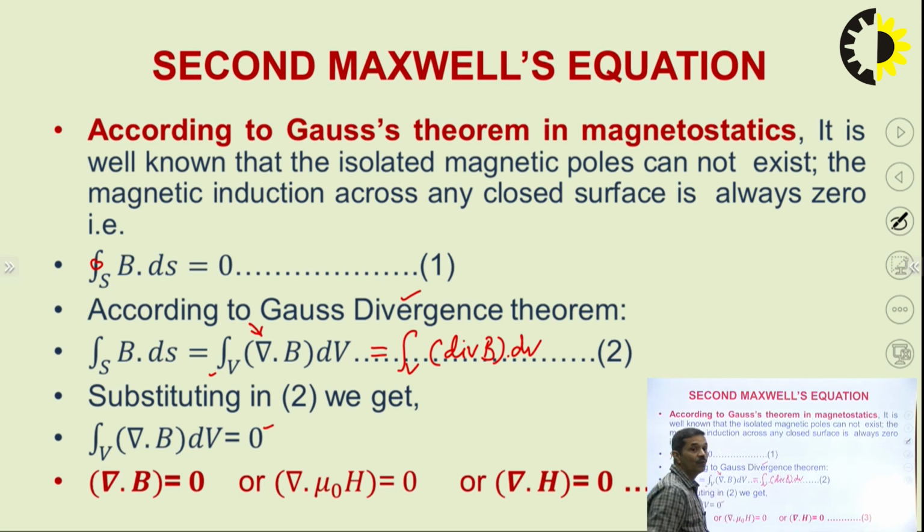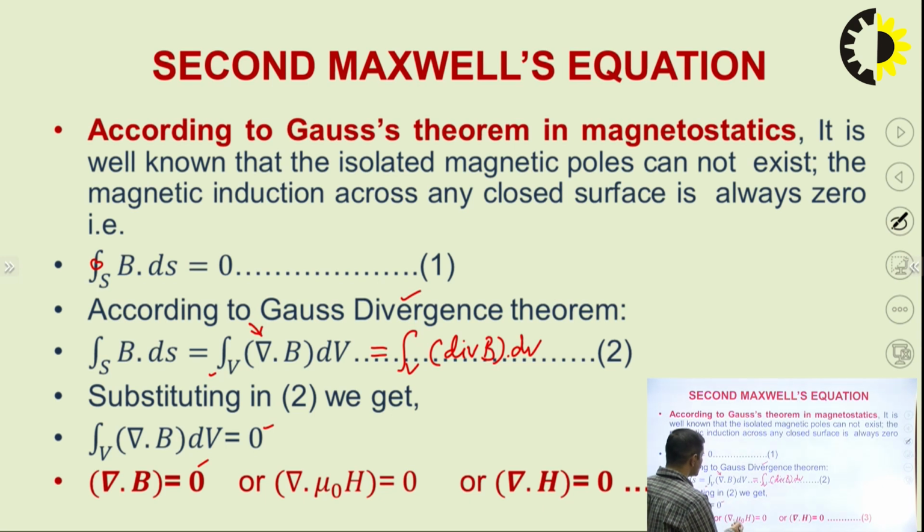Now again, for an arbitrary surface we can vanish this integral sign, that means we can write this equation without the integral sign. So the last equation becomes del dot B equal to 0, that means divergence of the magnetic field vector B equal to 0.